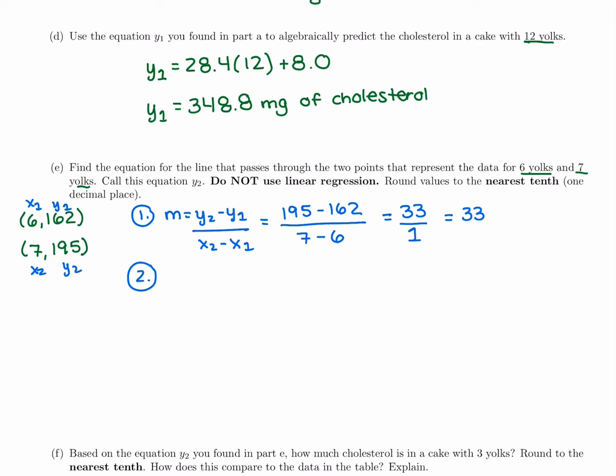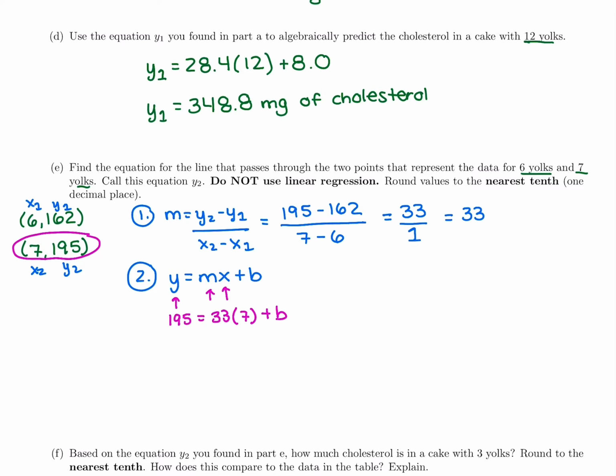Our second step is to find b. So I'm going to write y equals mx plus b and sub in one of these points. It doesn't matter which point we choose. Maybe I'll choose this point here. So I'm going to replace y with 195, and I'm going to replace m with 33, what we just found in the first part. The x of this point is 7, plus b. You can use either point and you should get the same answer.